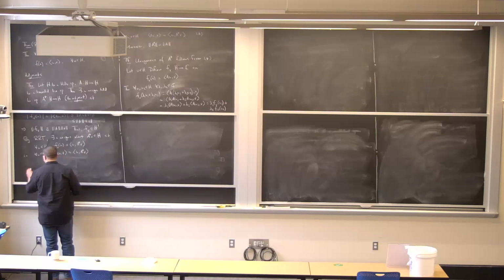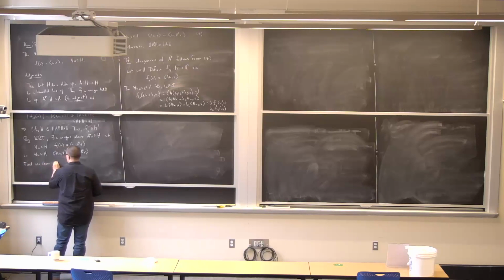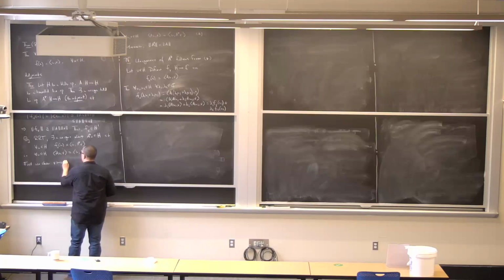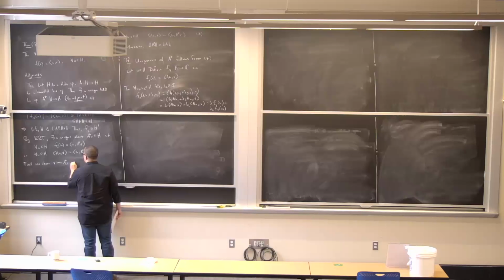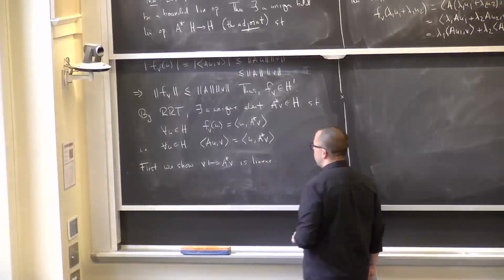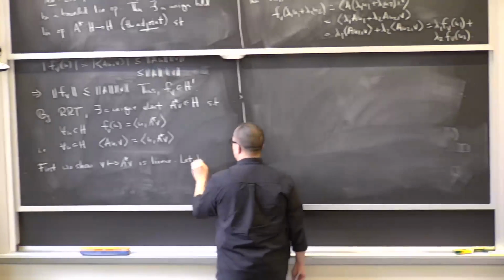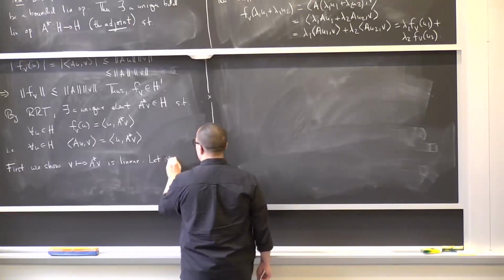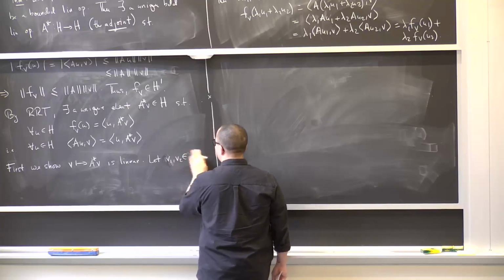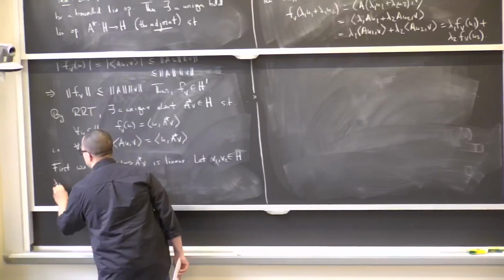So first we claim v, which maps to A star v, the element that satisfies this identity, is linear. Okay, so let v1, v2 be in H, lambda 1, lambda 2 be complex numbers.